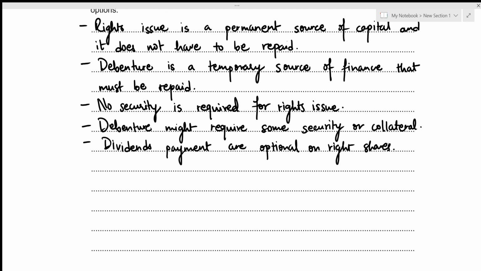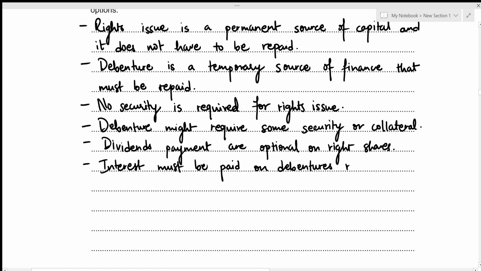But if you're talking about debentures, then the interest on debentures must be paid regardless of whether the company is going through a profit or loss. Let's write it down. Interest must be paid on debentures regardless of profit or loss of the company.